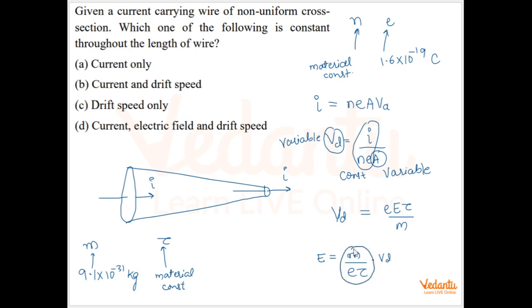So once again, all of these are going to be constant, my dear bacha log, and drift velocity is a variable. So therefore, beta, I will have to say that electric field is also a variable. You have to realize, beta, that in this case only the current will be constant, drift speed will be variable, and electric field will also be a variable.